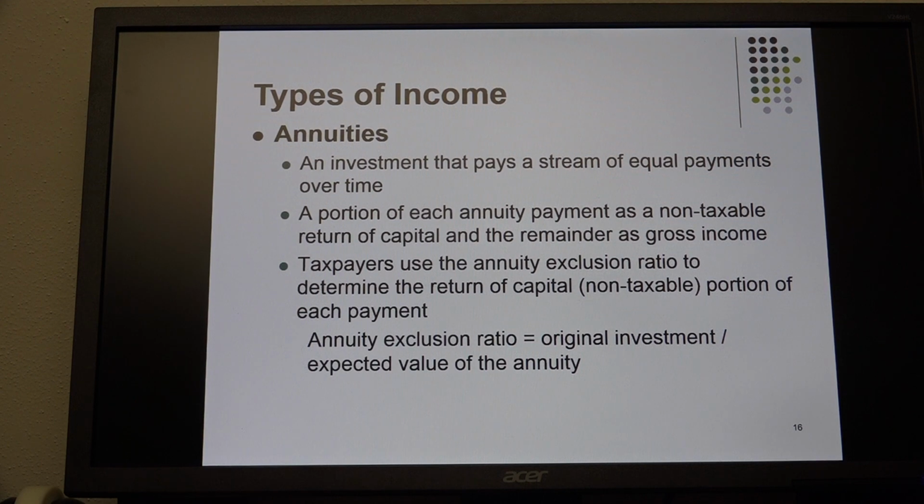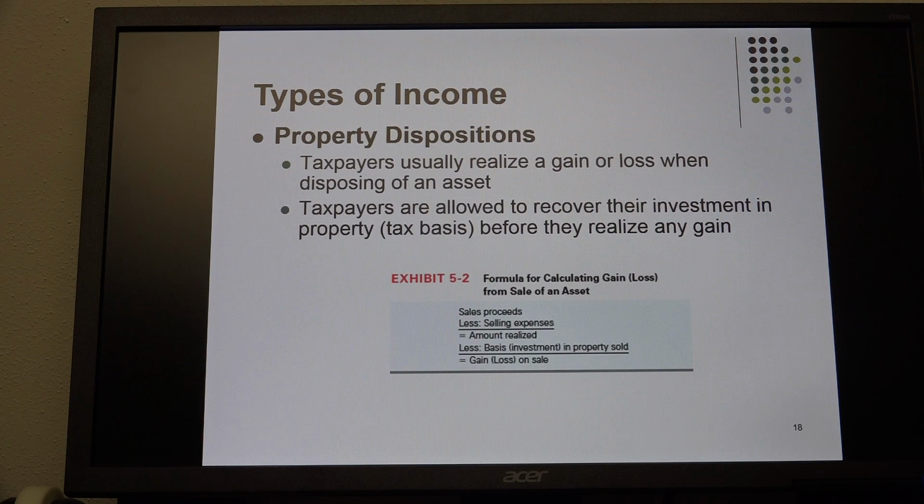Not too concerned about annuities, but what I do want to talk about is property dispositions. And again, we kind of talked about this before. So again, taxpayers on the disposition of property are allowed to recover their investment in the property, which is their tax basis, sometimes adjusted basis, you'll see that term, before they realize any gain.